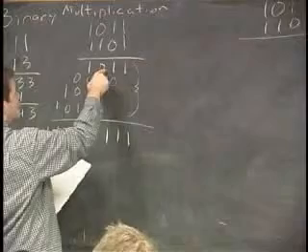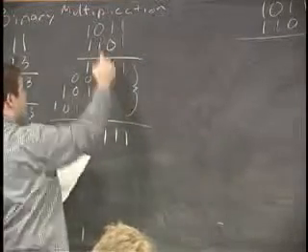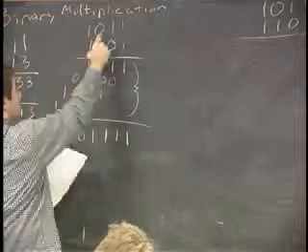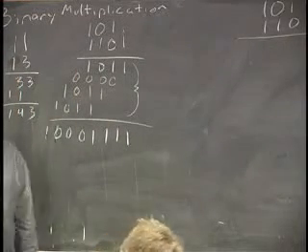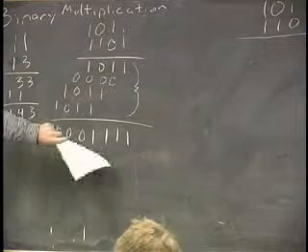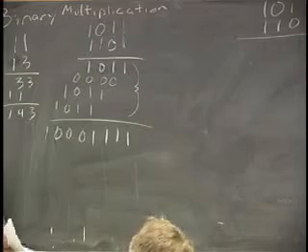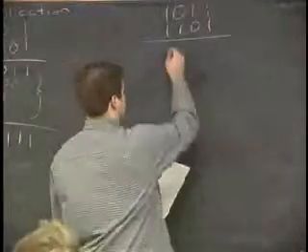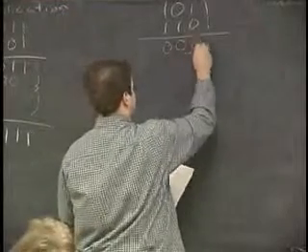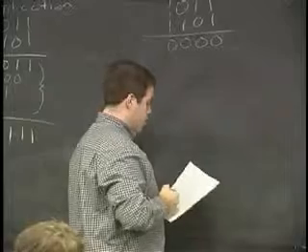So this is 0, this is this shifted over, this is this shifted over even more. So the only thing we really have in our sum here is the multiplicand and 0. So if we do that, we start out with 0, 0, 0, 0, and this is going to be our partial product.